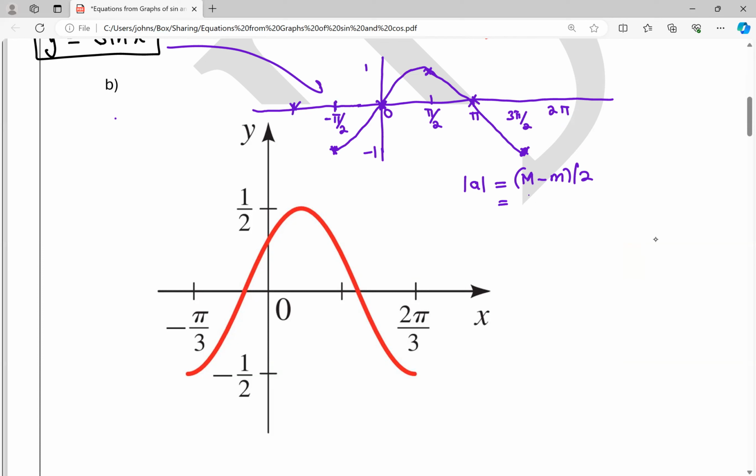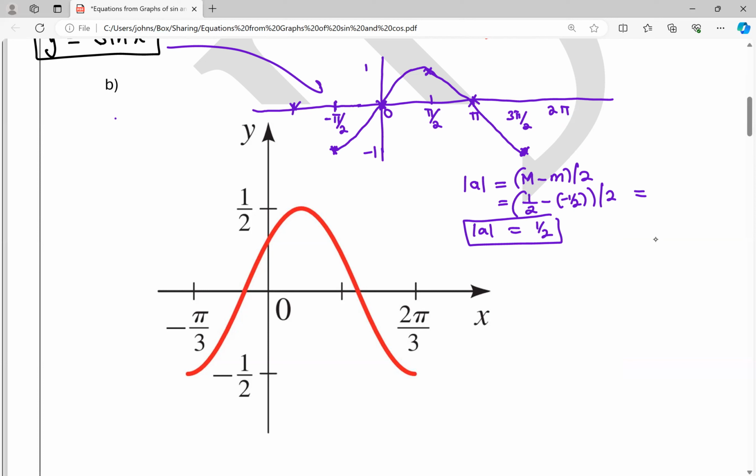And this is going to be half minus minus half, all divided by what? Divided by 2. And I think this is just going to be 1 over 2, right? Because you have half plus half will become 1. 1 divided by 2 is just half.